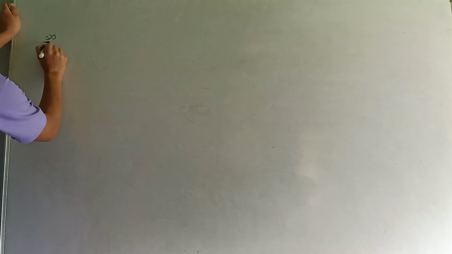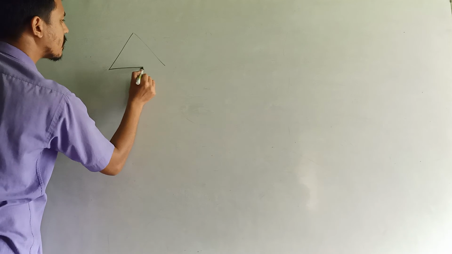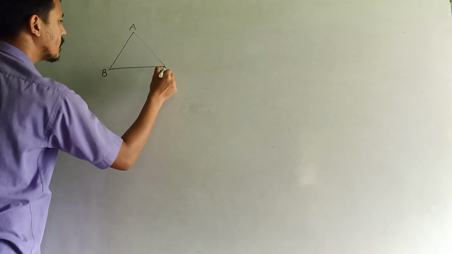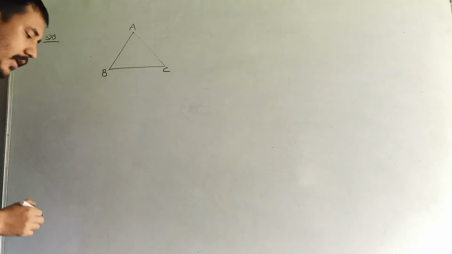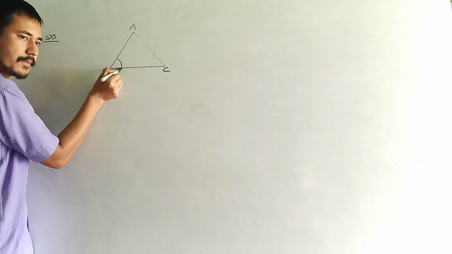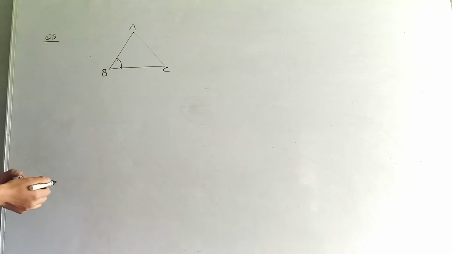Question number 15: we have A, B, C as the three vertices of a triangle. We have to find out angle ABC. This is your angle ABC, right? This is what we have to find.